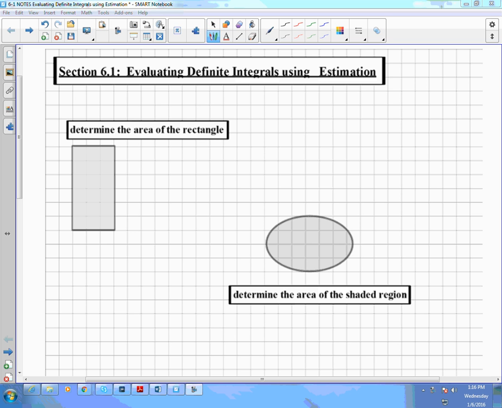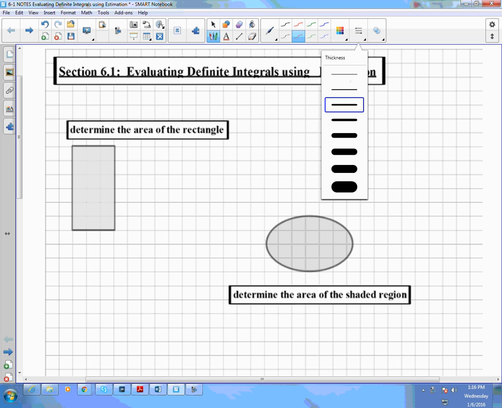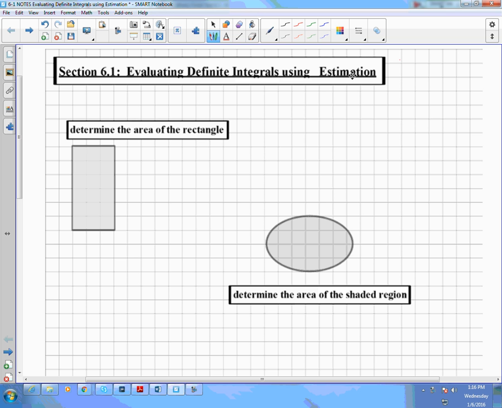Because if we have a nice geometric shape, it's pretty easy to estimate. For instance, this rectangle right here. To determine the area of the rectangle, what are some processes you can go through? There's different ways to determine this area. What's one method?